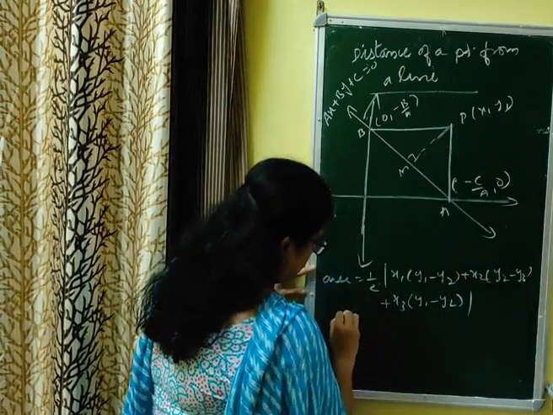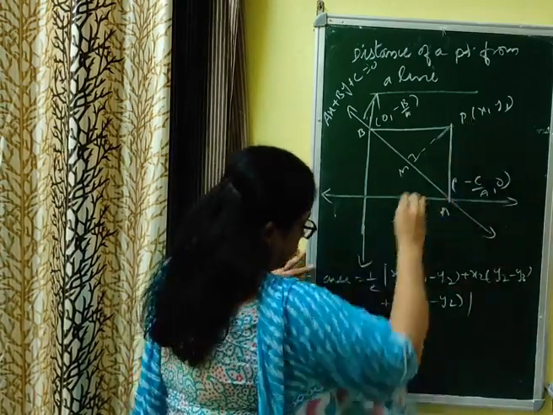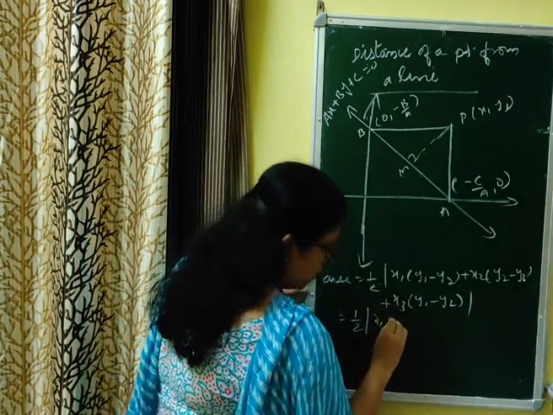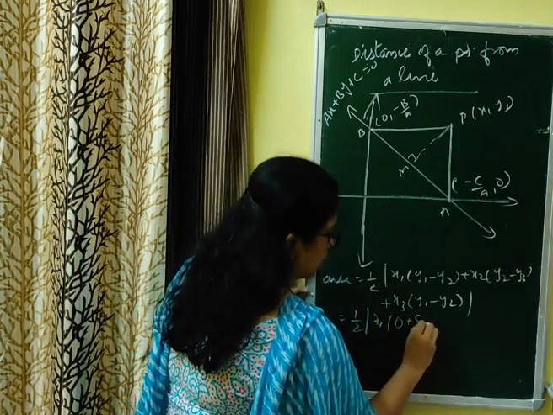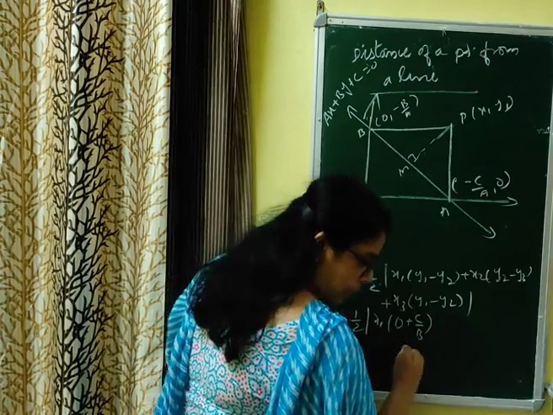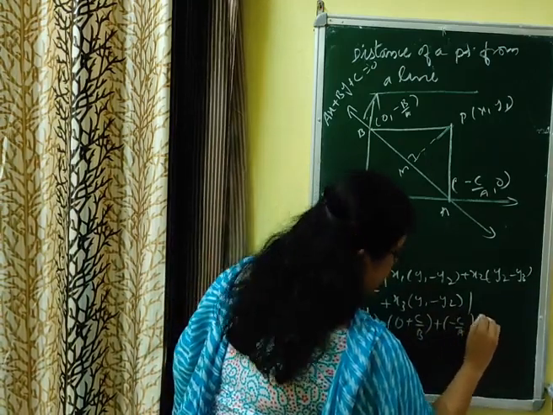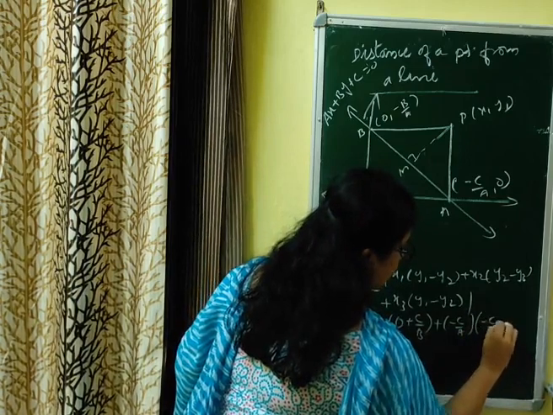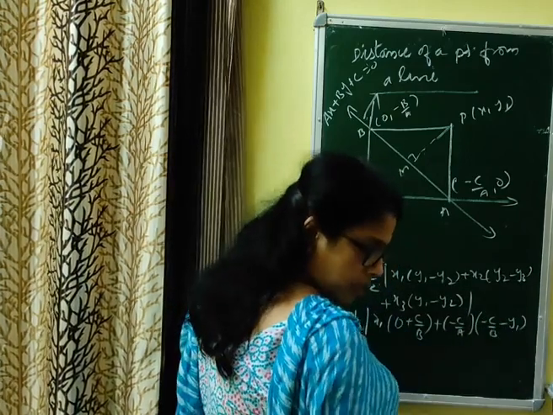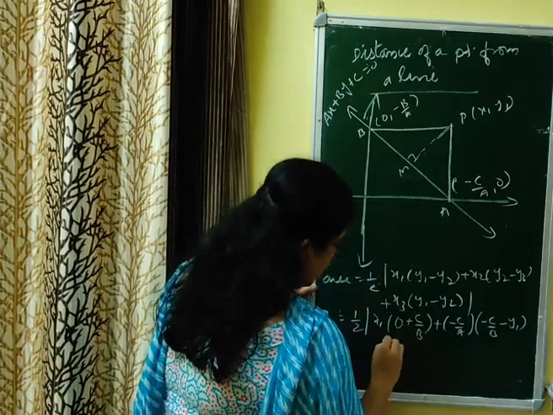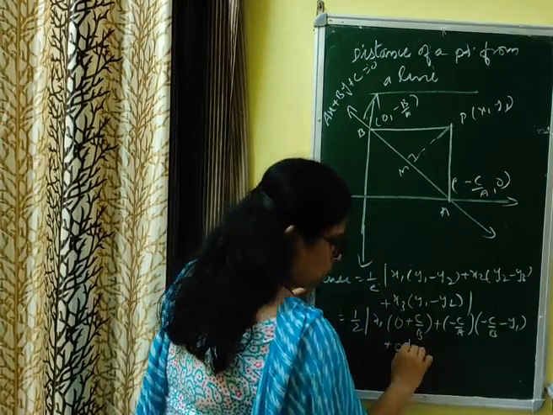I am starting from this one. Half into mod x1 into 0. Keep putting the values and you will get 0 plus c by b plus minus c by a into minus c by b minus y1. You will see that you get plus 0 into something, that is 0.